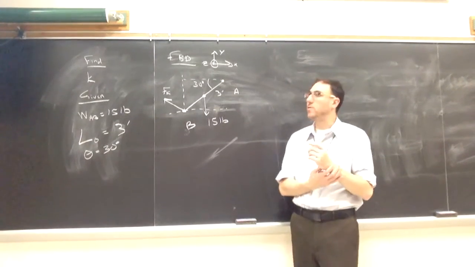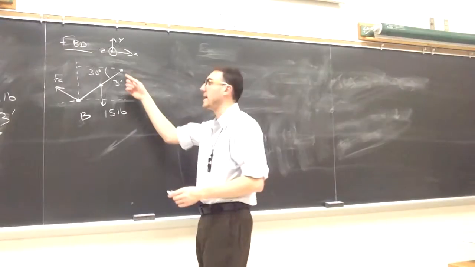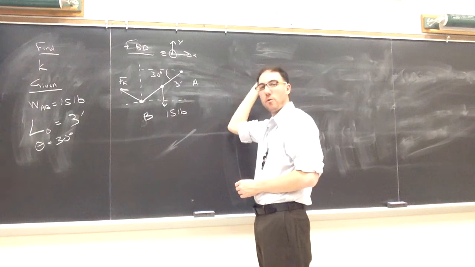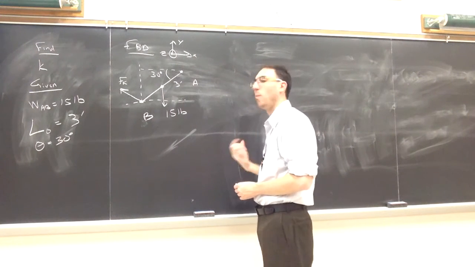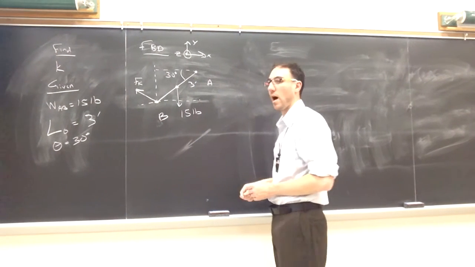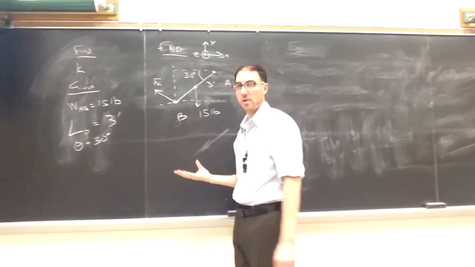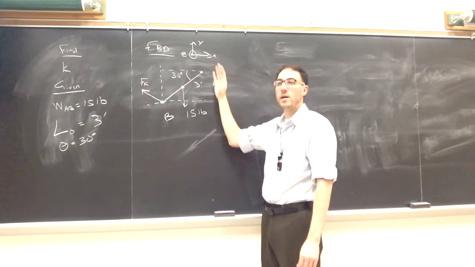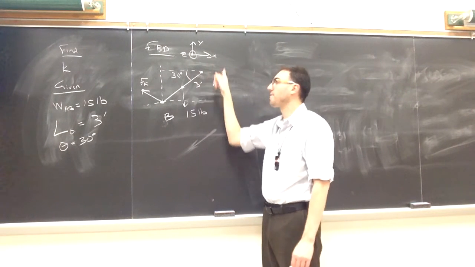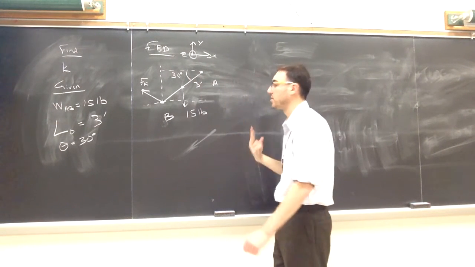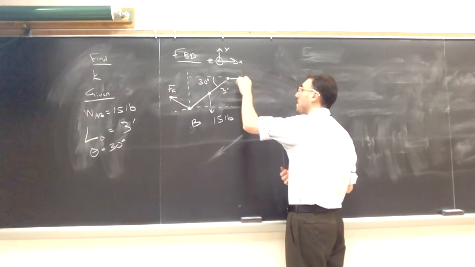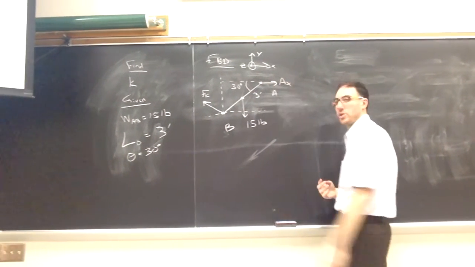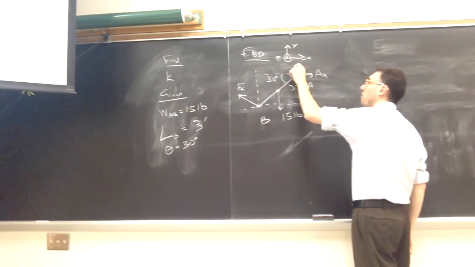Other forces and or moments that act on the rod: the pin at A. Remember that we've removed that support, so we have to model what that support did to our rod. Pins in 2D are always going to be the same: it prevents the translation left-right and up-down. It allows for rotation though, so the two translations it prevents, I'm going to model as a force, which I'll assume in the positive x, and a force in the positive y.